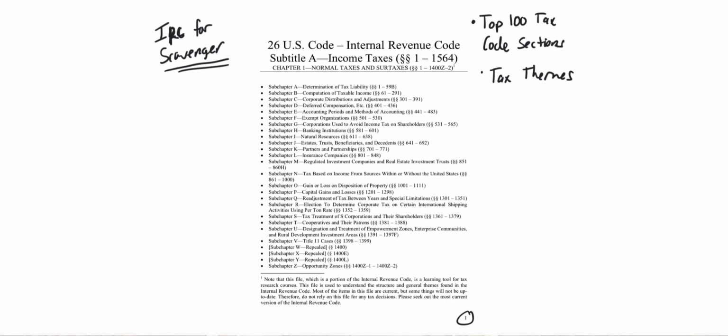Because navigating the Internal Revenue Code is very, very important for tax research. Now, when you get that Internal Revenue Code, you may be able to use features like Control F and finding words and whatnot. On the exam, the version I have, you're not going to be able to do that, okay? Trust me. I was a student not too long ago. I'm continually a student. I understand technology.